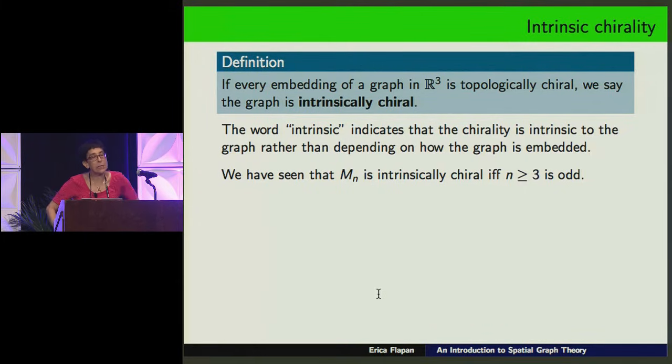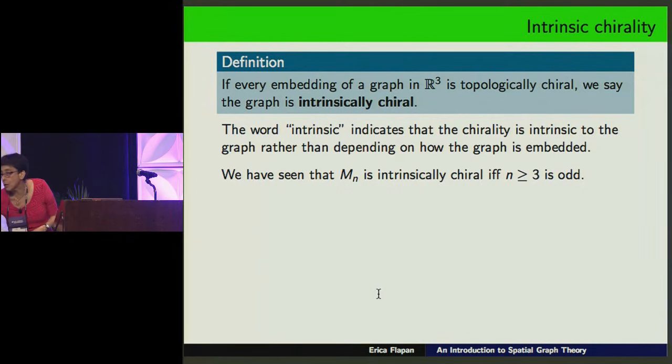And what that means, intrinsically chiral, means that the chirality is intrinsic to the graph and doesn't depend on the particular embedding of the graph in R3. So we've seen that Mn is intrinsically chiral if and only if n, which is supposed to be greater than or equal to 3, is odd. So this is an example of an intrinsically chiral graph.